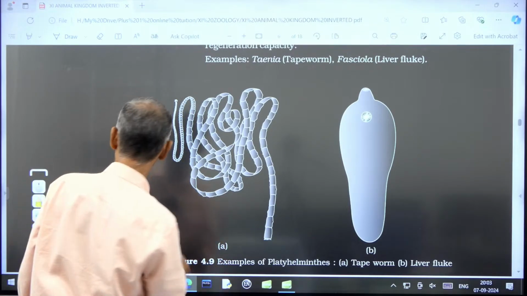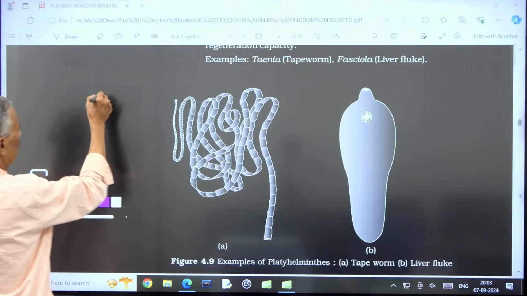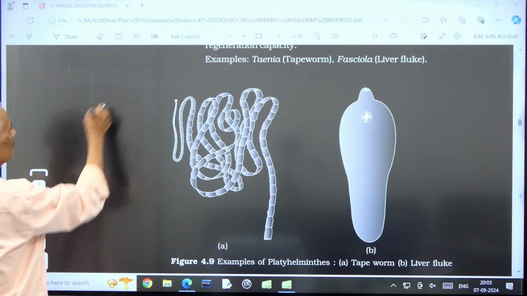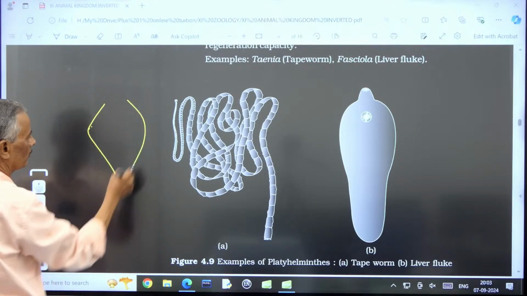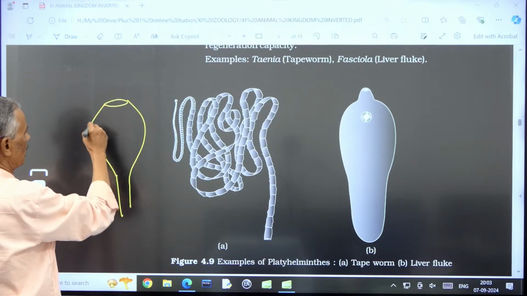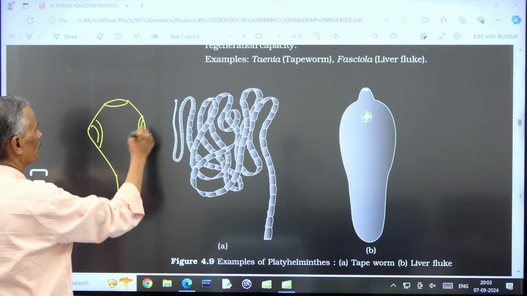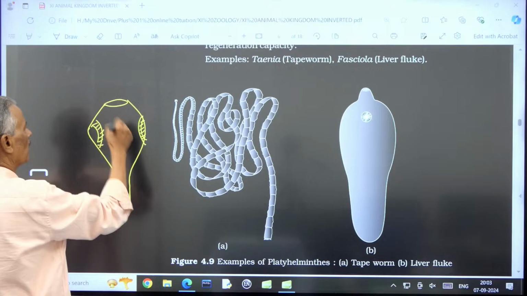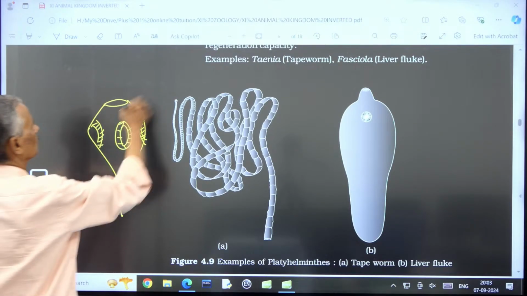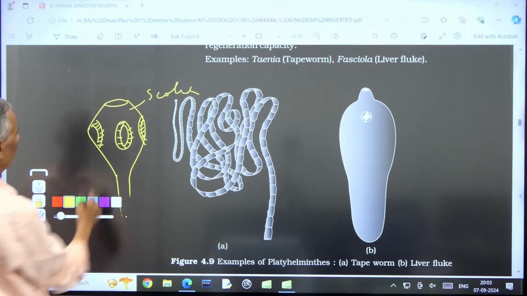On that scolex you have hooks and suckers. Remember, it is not segmentation here. You have a flat area called the rostellum, around which you have hooks and 4 suckers on the 4 sides. This is the scolex, which I have drawn in a very magnified form.